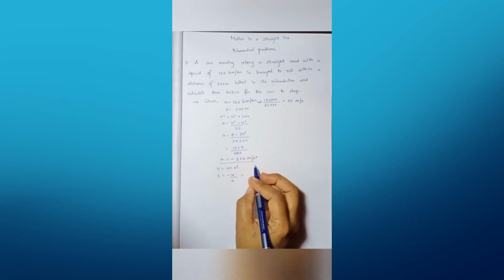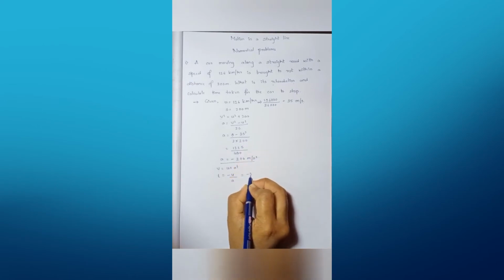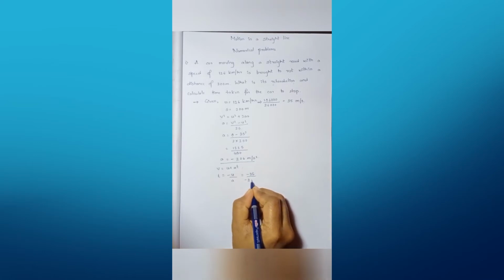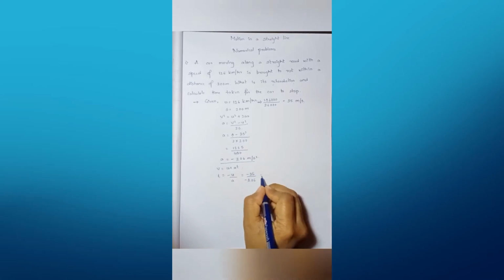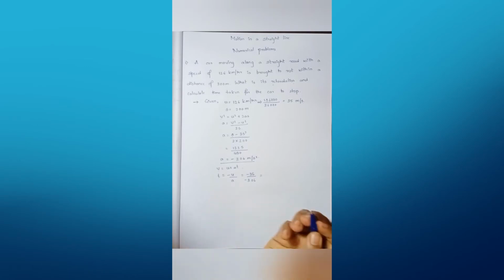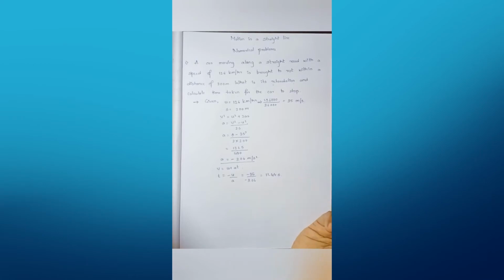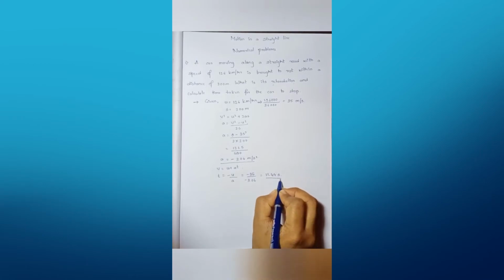So minus 35 divided by a, which is minus 3.06. Minus minus gets cancelled. So t is equal to 11.44 seconds. So this is the time taken.